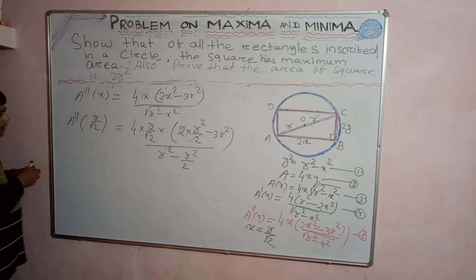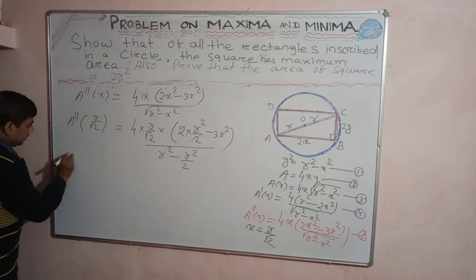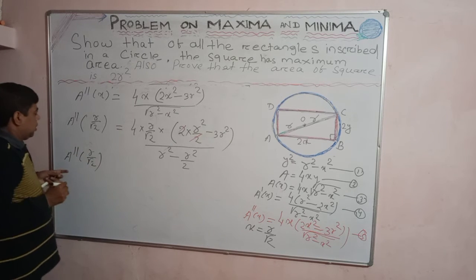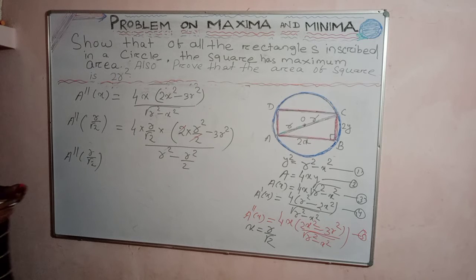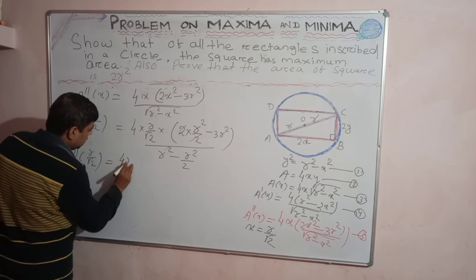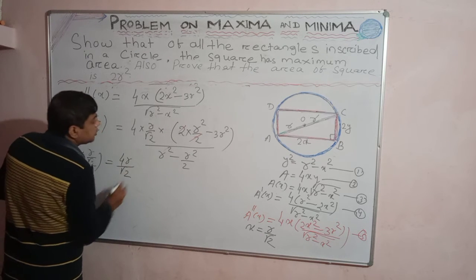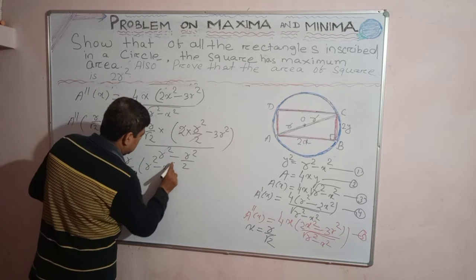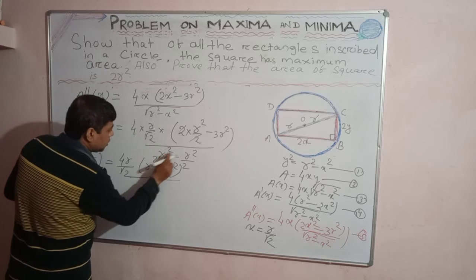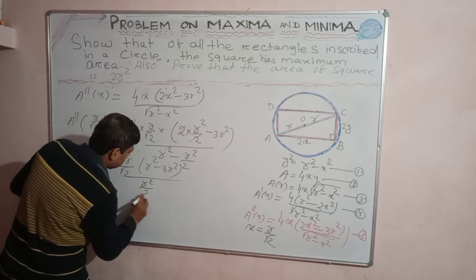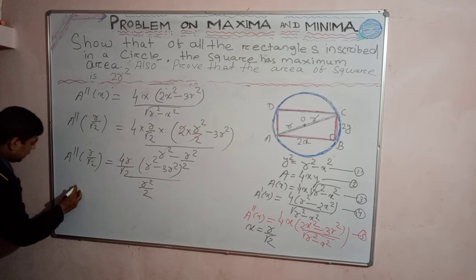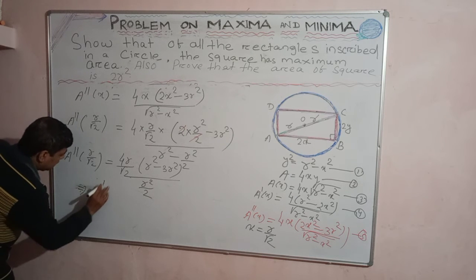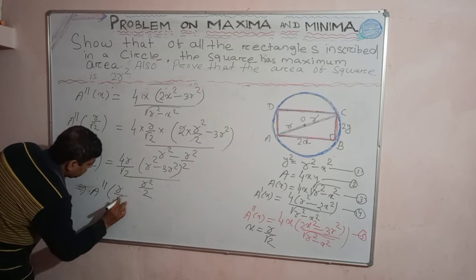So finally, the value of the second order derivative at x is equal to r upon root 2 is equal to 4r upon root 2 into (r square minus 3r square) divided by (2r square minus r square), which will be r square upon 2.